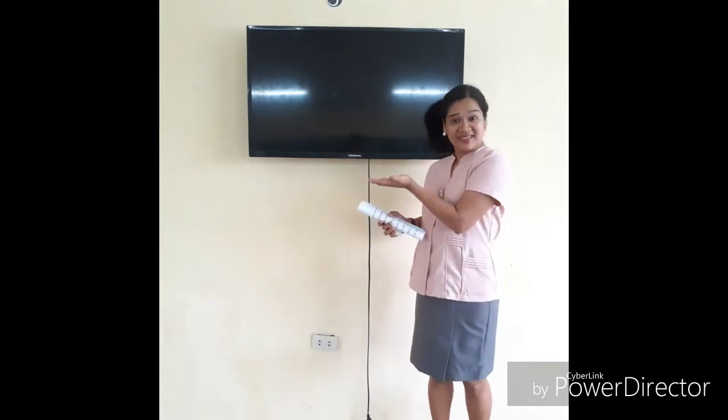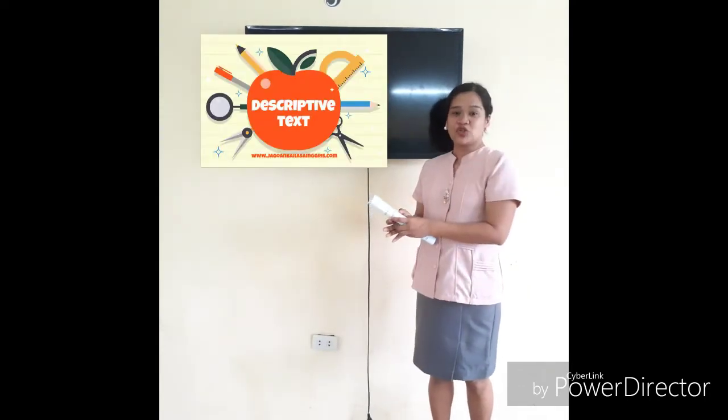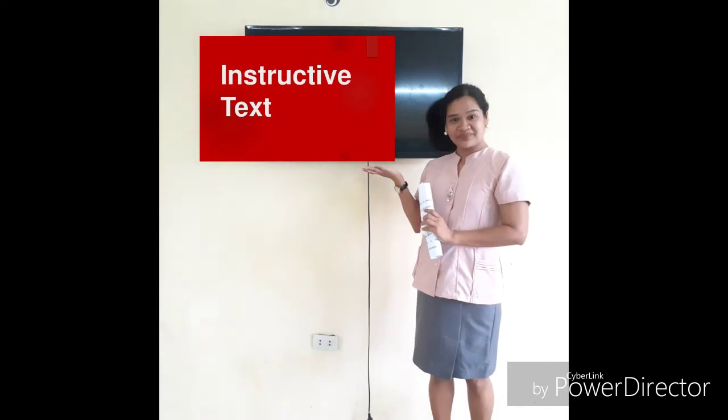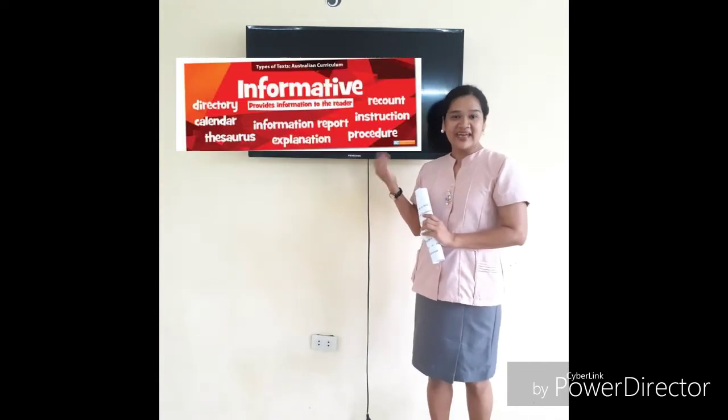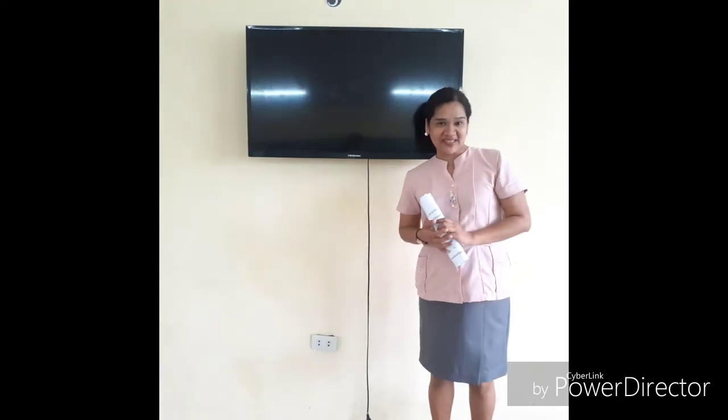Hello class, good morning. Welcome to another lecture video in Media and Information Literacy. Please take note that at the end of this, there are two tasks that you have to do. Task number one is for you to identify the functions of the descriptive text, instructive text, persuasive text, and lastly, informative text.